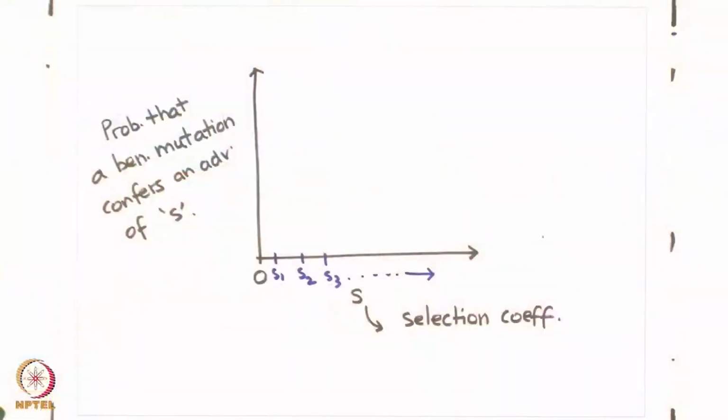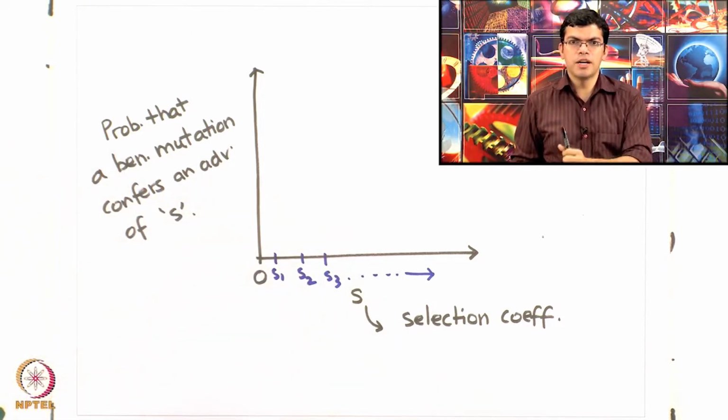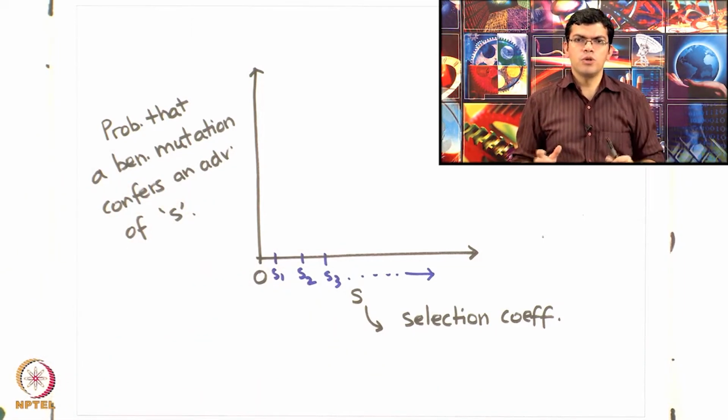Before we end this lecture, I want you to imagine this scenario: if we were to think of the magnitude of a beneficial mutation on the x axis, as shown on this graph, and on the y axis the probability distribution of a beneficial mutation of a particular magnitude happening, what do you imagine that graph would look like?